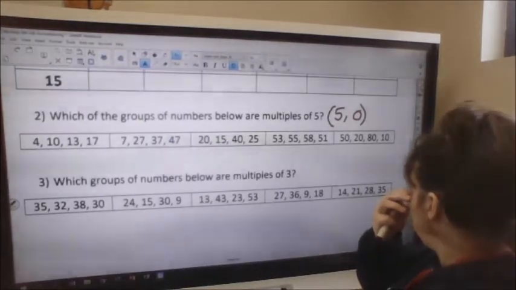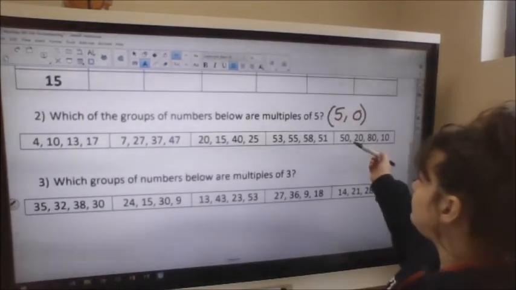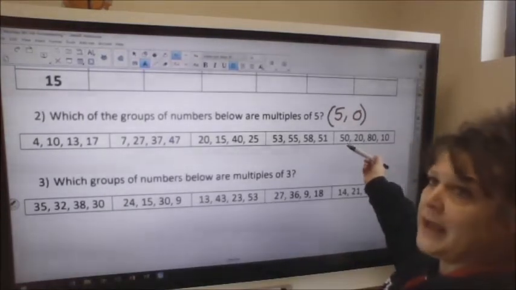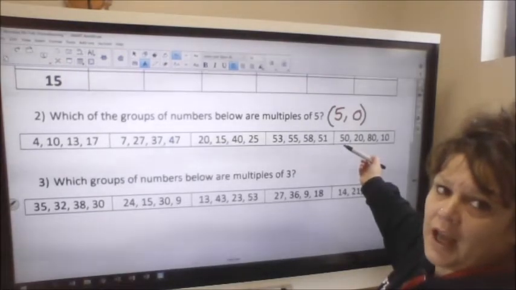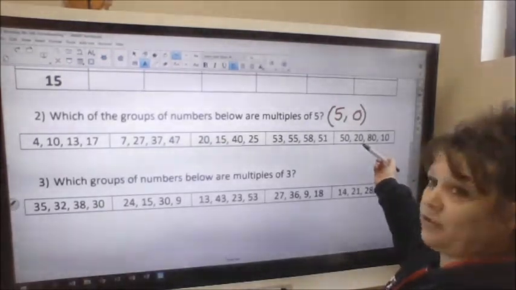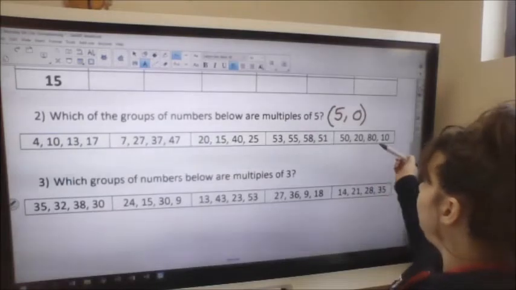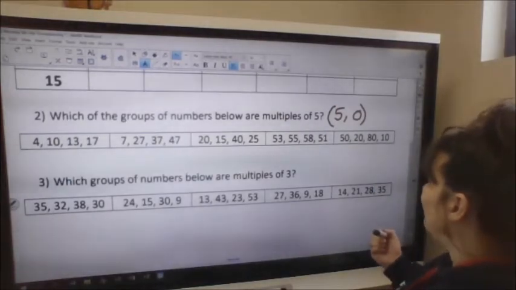And then finally, okay, we've got 50. Well, 10 times 5 is 50. Will 5 go into 80?